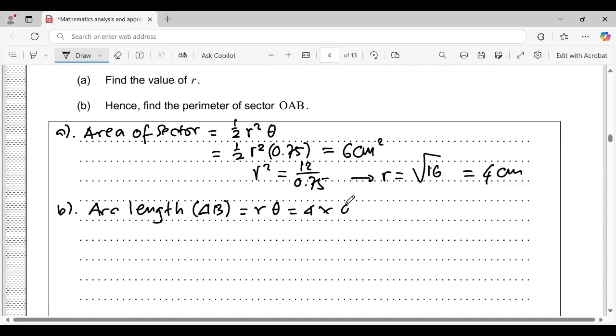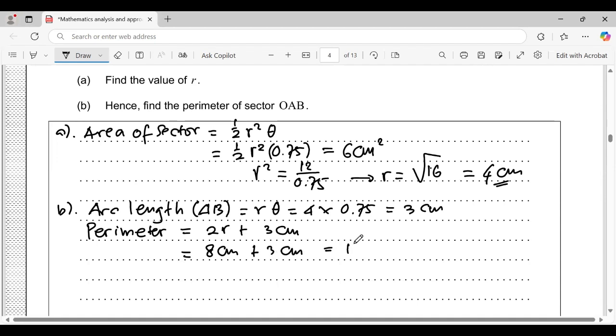It is 4 times 0.75, and it is 3 centimeters. And then perimeter equals 2r plus 3 centimeters. So it will be 8 centimeters, because r is 4 centimeters, plus 3 centimeters equals 11 centimeters. So our perimeter equals 11 centimeters.